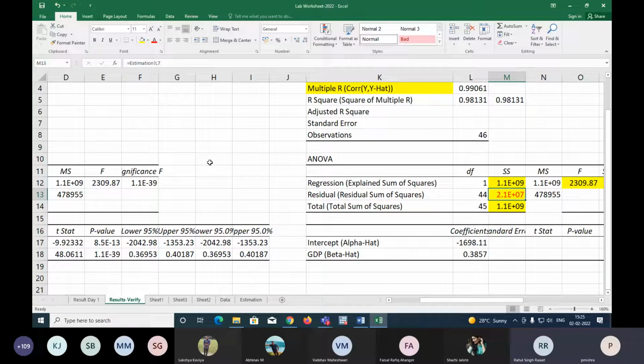So what is the standard error of beta hat? It is basically sigma hat square divided by summation of small xi square.